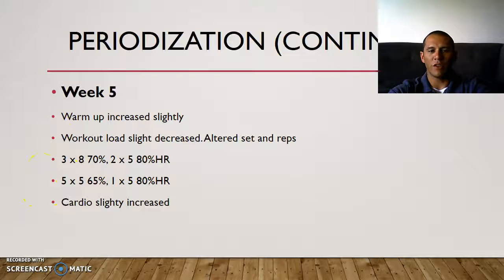And then for week 5, we changed to 5 sets of 5 at 65%, so just a little lighter. And then he's doing 1 set of 5 to end the sets at 80%. Now, cardio slightly increased. Instead of doing 10 minutes, we'll do 12 minutes on the bike, just to get him a little bit extra work and help him with his body composition and losing weight.